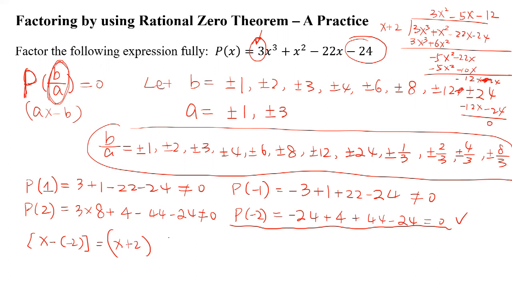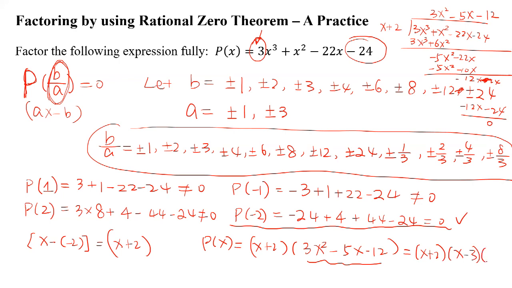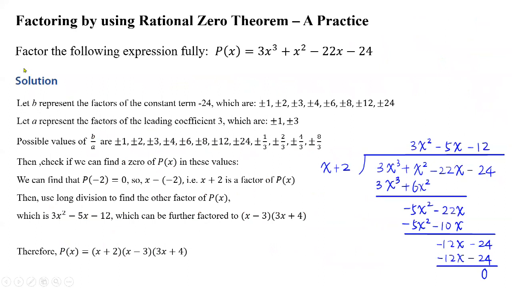And the remainder is 0. So the original polynomial is x plus 2 times the other factor, 3x squared minus 5x minus 12. And this one is easy to factor, right? You can just use the trial and error method, which can be factored into x minus 3 and 3x minus 4. So this is the final solution. Understand? Okay, so a nice writing of the solution is illustrated here. You can check the solution after the class.